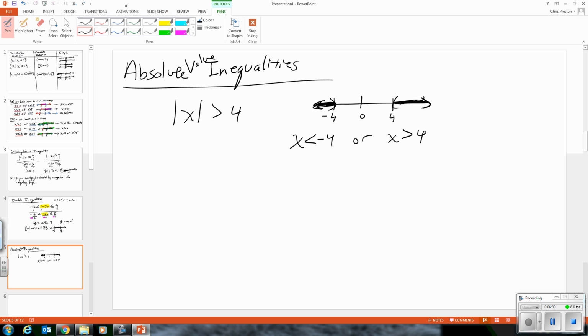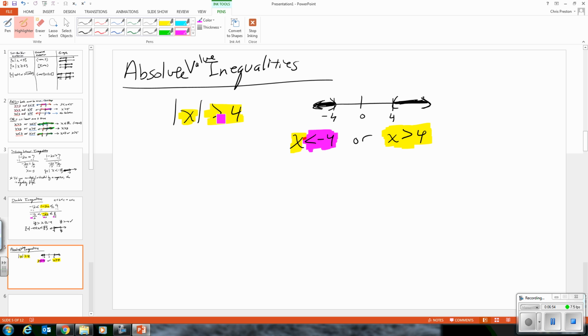Now, if I look at this original statement, I see x is greater than 4. That statement is true. And then I see a second statement, x is less than negative 4.